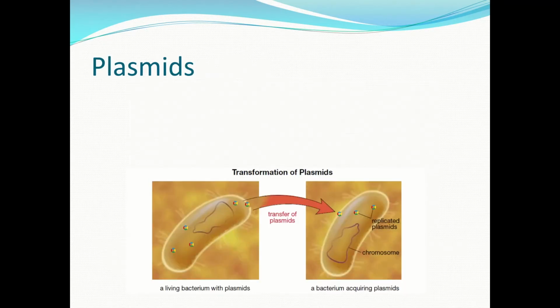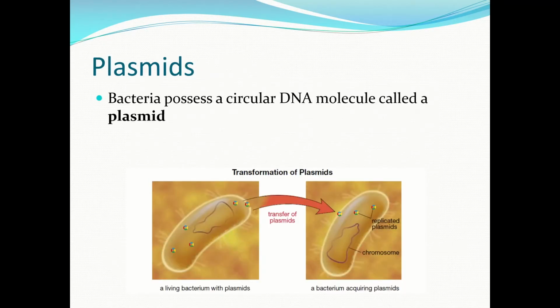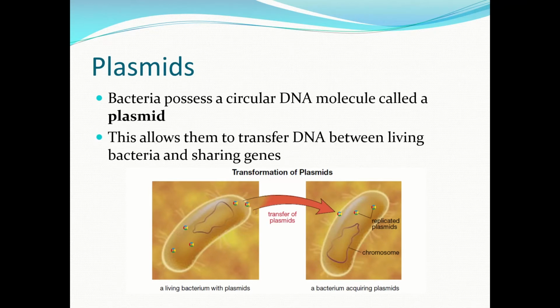The other way is how living ones do it. Bacteria possess a circular DNA molecule called plasmids, and this allows them to transfer DNA between living bacteria. So if this one's good at being resistant to certain antibiotics, then it can transfer it to another one, and then the whole culture of bacteria can become resistant very, very quickly.